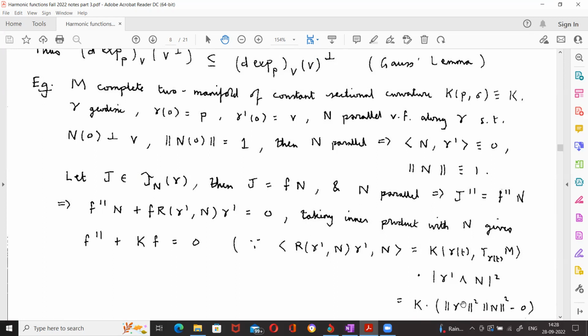The norm of gamma prime is 1, norm N is 1 and inner product gamma prime N is 0, so the whole thing just becomes K. So when I take the inner product with N, I get a scalar second order linear ODE: F double prime plus KF equal to 0.